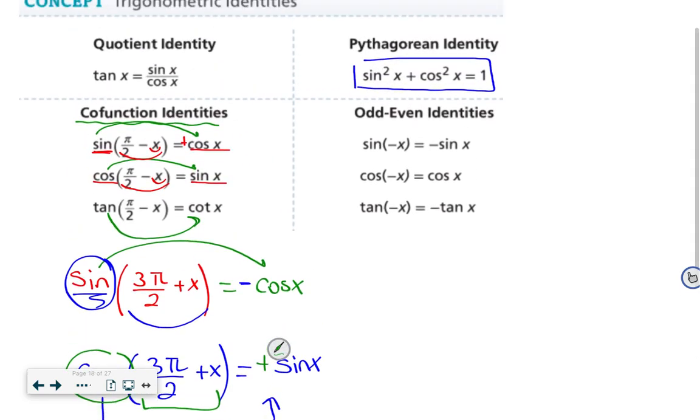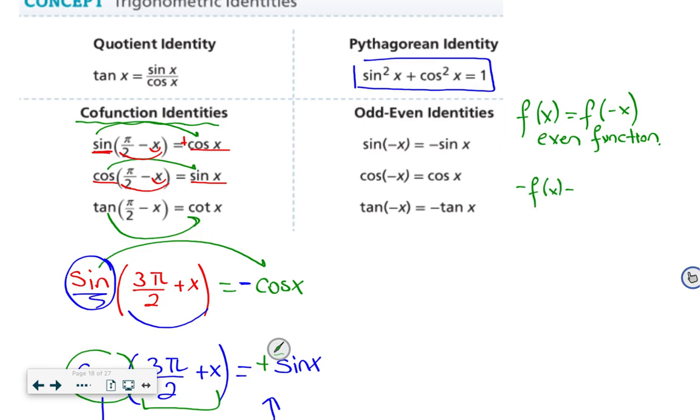Next one is odd-even identities. Remember that in the previous topics, if you have a function f of x which is equal to f of negative x, this is an even function. We call this an even function. If negative f of x is equal to f of negative x, then this is called an odd function.